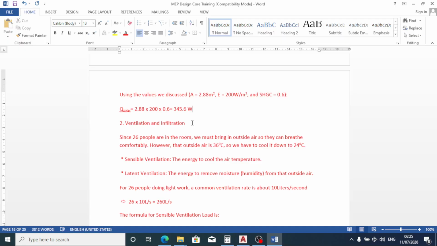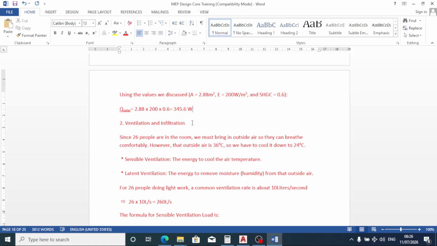Now infiltration is the same thing as ventilation, but in this case you are not the one purposely allowing the fresh air to come into the space. It's the air itself forcing its way through little gaps under the door or the windows or any gap it might see to come into the conference room.